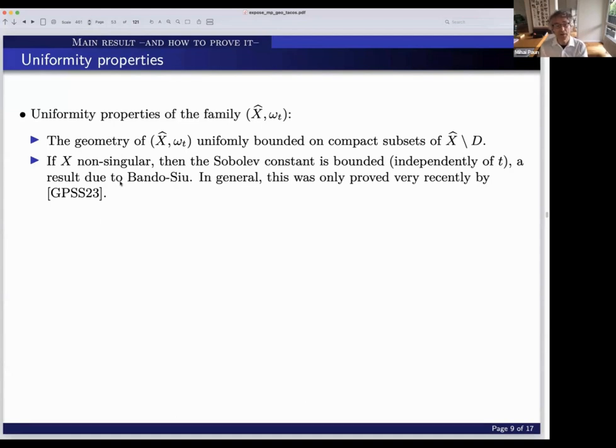Now, if X is non-singular, then consider the Sobolev constant of this family, right? We know that for each t we have a Sobolev inequality, but the Sobolev constant that comes into the picture may vary with respect to t. And then Bando and Siu show that actually that's not the case if X is non-singular. So then we have a uniform constant.